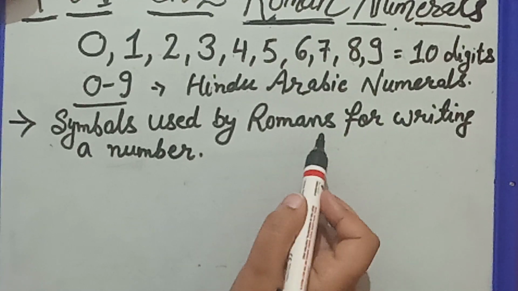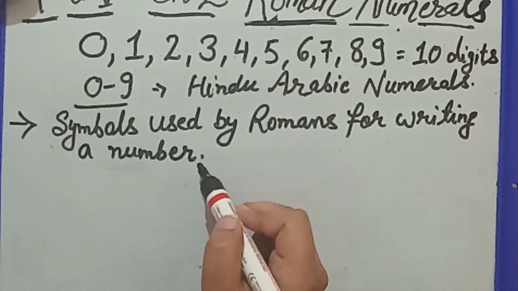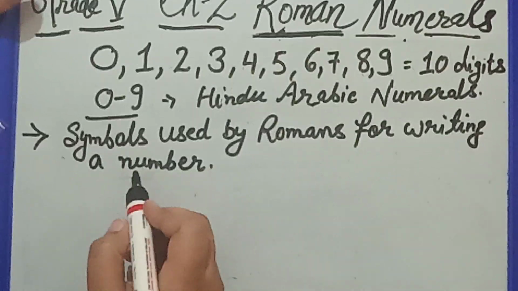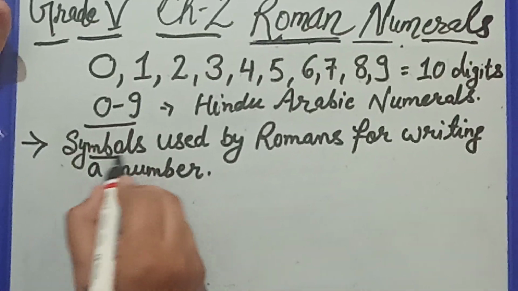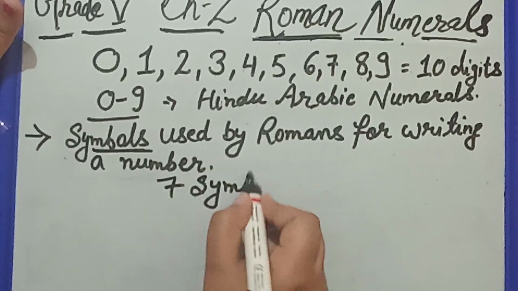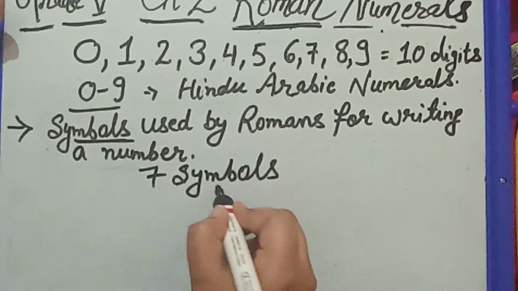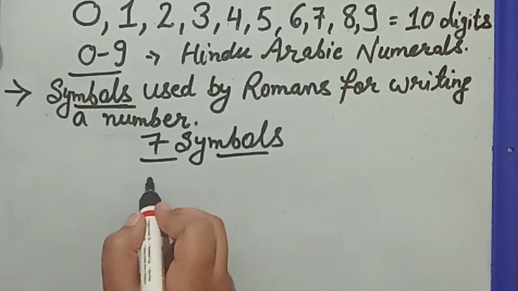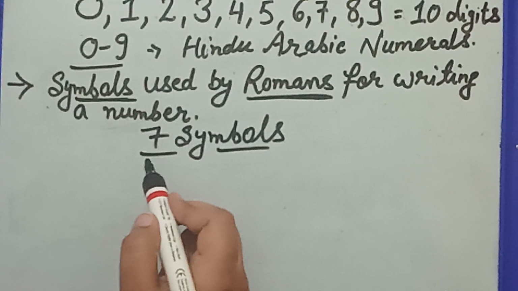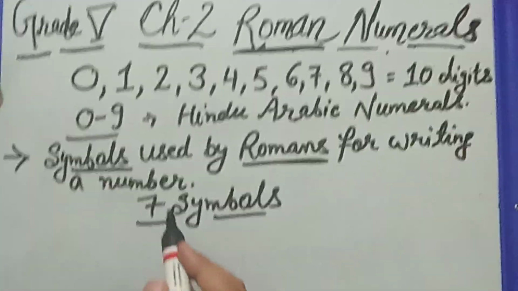Symbols used by Romans for writing a number are called Roman numerals. Basically, if I talk about symbols, there are 7 symbols. How many symbols are there? 7, which are used by Romans for creating the Roman numerals.